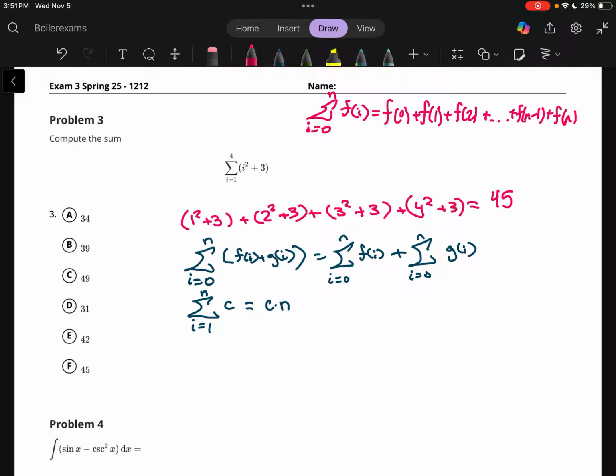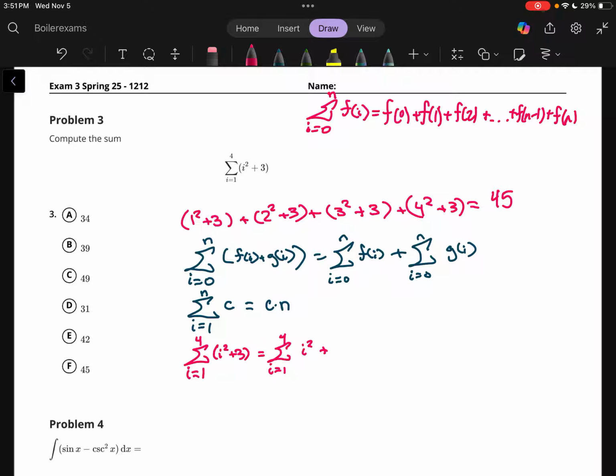So the sum from i equals 1 to 4 of i squared plus 3 is equal to the sum from i equals 1 to 4 of i squared plus the sum of 3 from i equals 1 to 4.